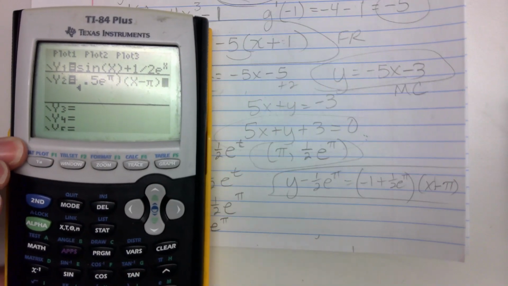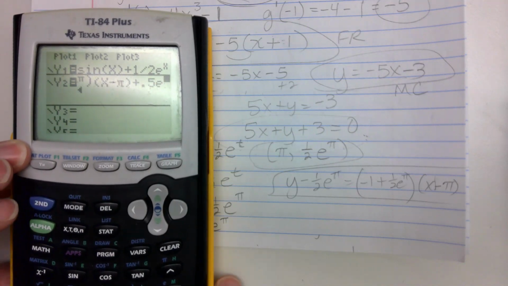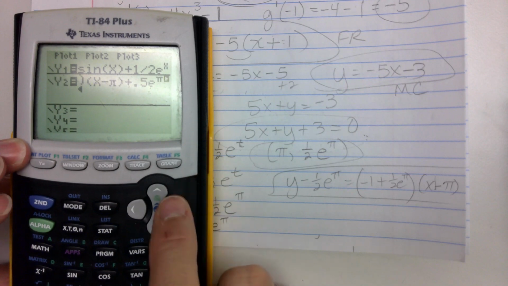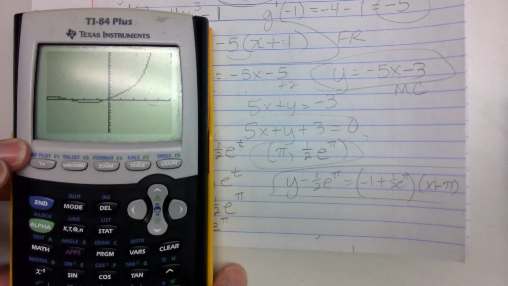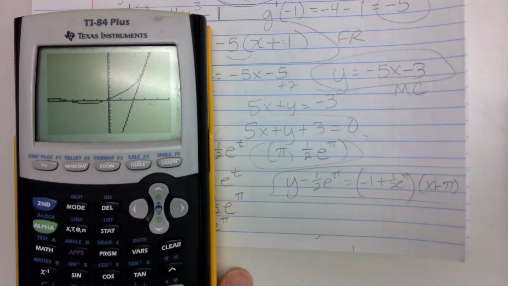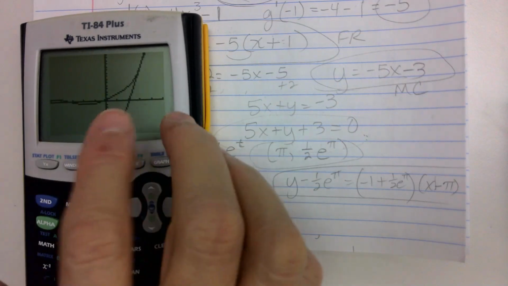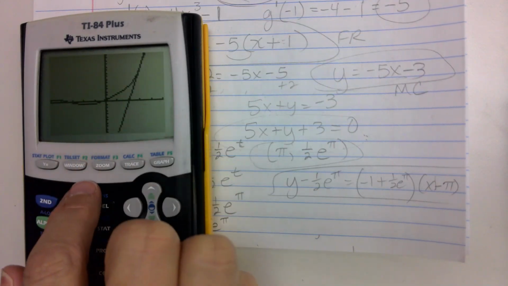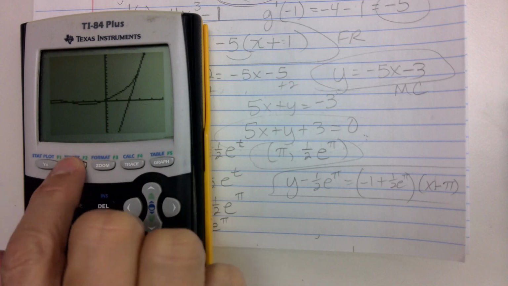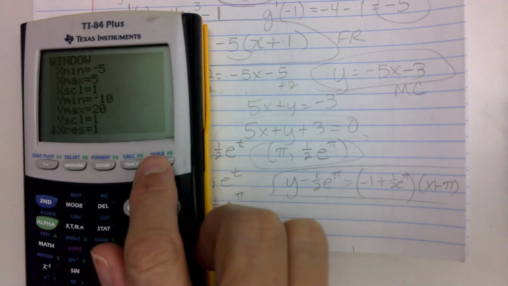And then I'm just going to add the 1/2 e to the pi. So let's see if it looks good. There's my drawing. Where is it? Oh, there it is. It's showing up. Looks pretty, looks like a tangent line. It's hard to tell. It kind of looks like it is going to intersect, but I guess we can go up to 20 and see if it really does look like that.